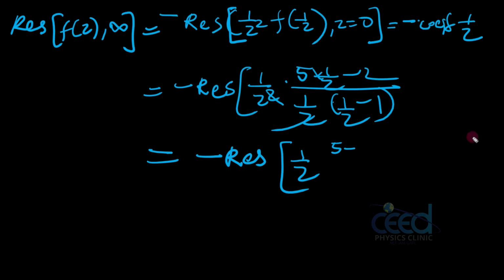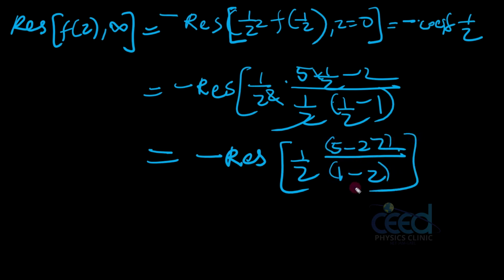So in z into (z minus 1), all z are replaced with 1 by z. So 5 minus 2z divided by 1 minus z, right? Okay, this is the modified form. Now minus residue at infinity, so this is the final expression we have.